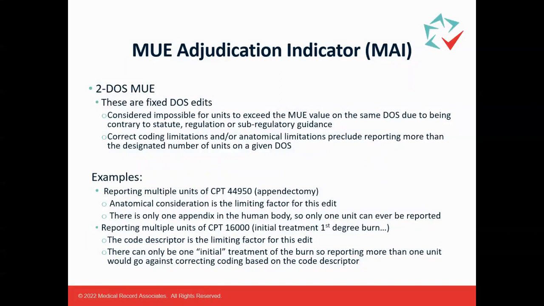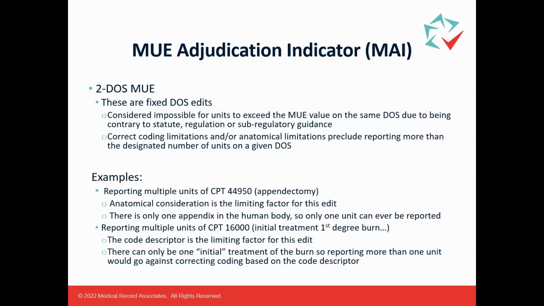Its anatomical consideration is the limiting factor for this edit. We only have one appendix, so there's not a need to have more than one unit of an appendectomy reported. So never will you be able to bill more than one unit on that code. That's an example of an anatomical consideration being the limiting factor.